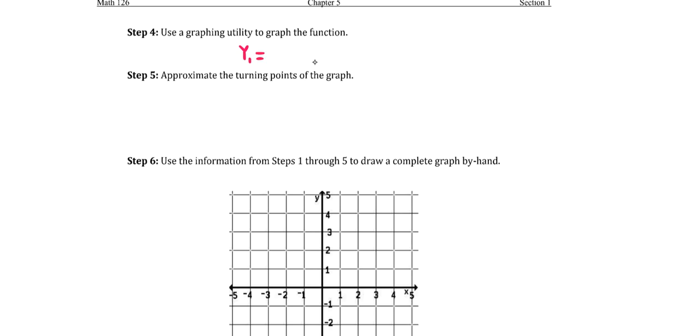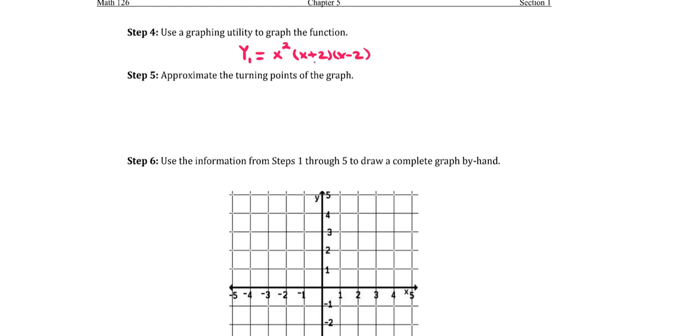You can use either the partially factored form or the standard form version of f of x. I'll stay with the partially factored form. So, if it were me, in y1, I would enter x squared, then quantity x plus 2, then quantity x minus 2.